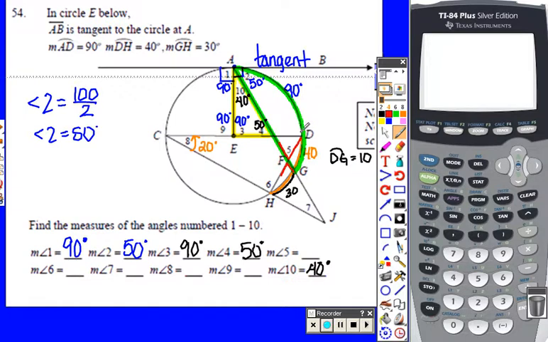One of the arcs it intercepts is the 90, and the other arc it intercepts is the 30. Because it's not as big as 90 and as small as 30, I'm actually going to average them. Angle 5 is equal to the average of 90 and 30, which is 120 divided by 2, 60 degrees.